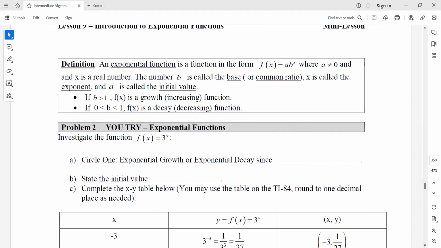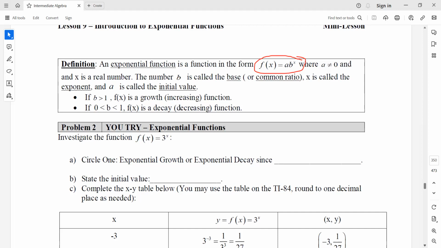Now let's talk about the general form of an exponential. The exponential function would always have the form f of x equals a b to the power x. Now, a shouldn't be 0 because if a is 0, everything is going to go to 0. And x is a real number. Now, b is called the base. Sometimes it's called the common ratio. And x, of course, is the exponent.